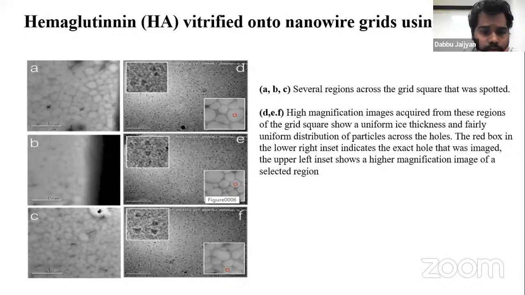And these are the high resolution images. Here you can see the single particle distribution of these particles. So this clearly indicates that the method was of reproducible quality, totally automated, and controlled precisely by the automated device.